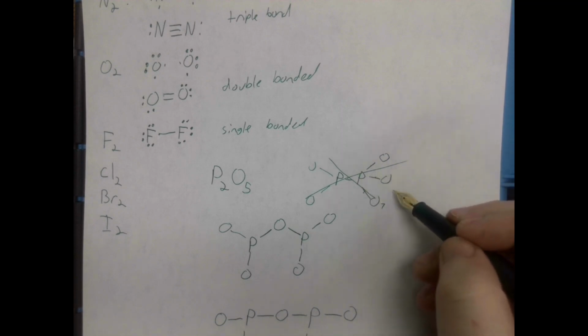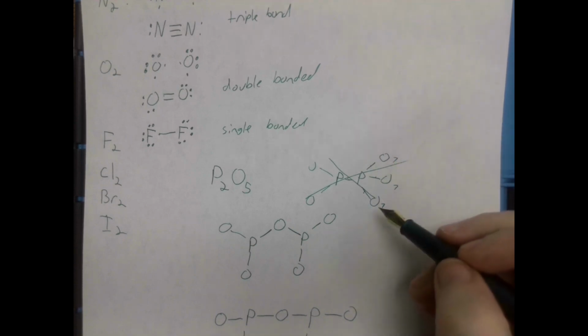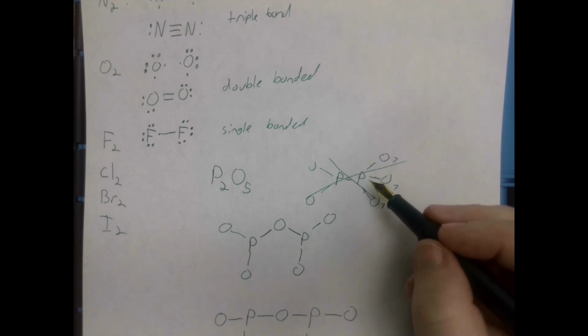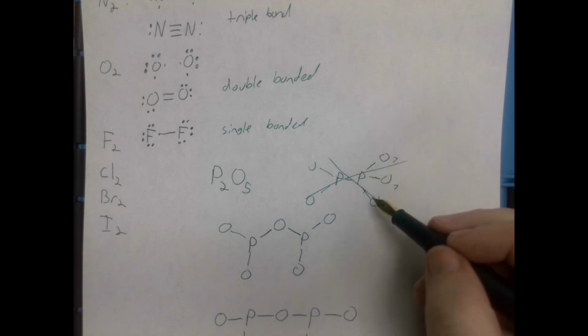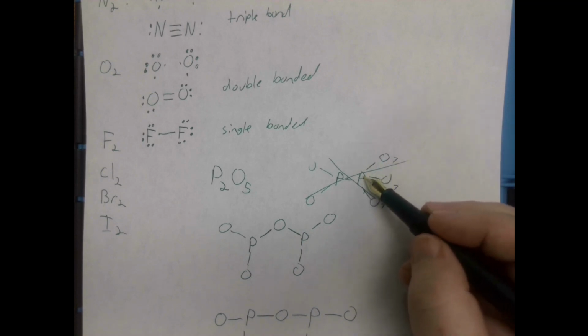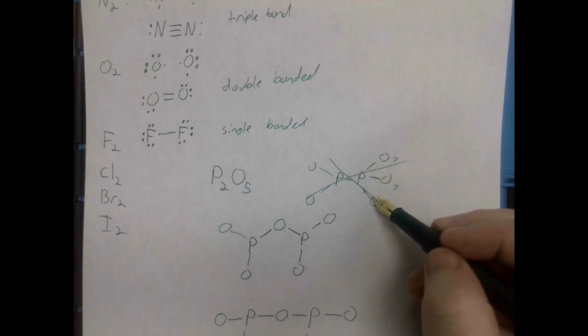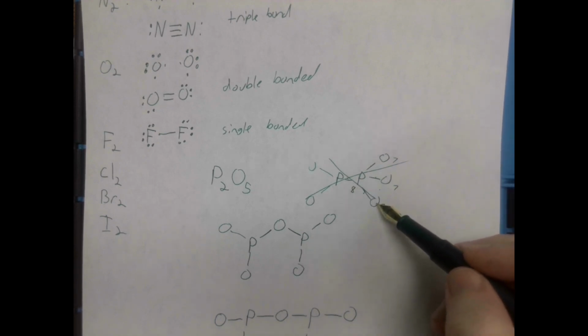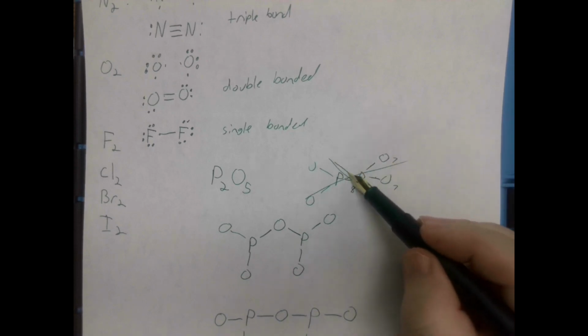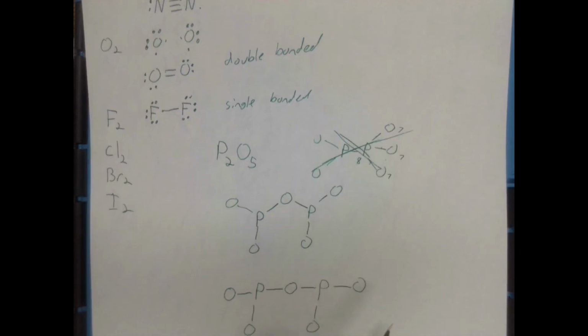These have 7. If I attempted to pair off, I would get the wrong count. This phosphorus has no more to give to this. So you can see that this is already full, and there's no way to give these oxygens their octet. So you can immediately rule this out as being possible.